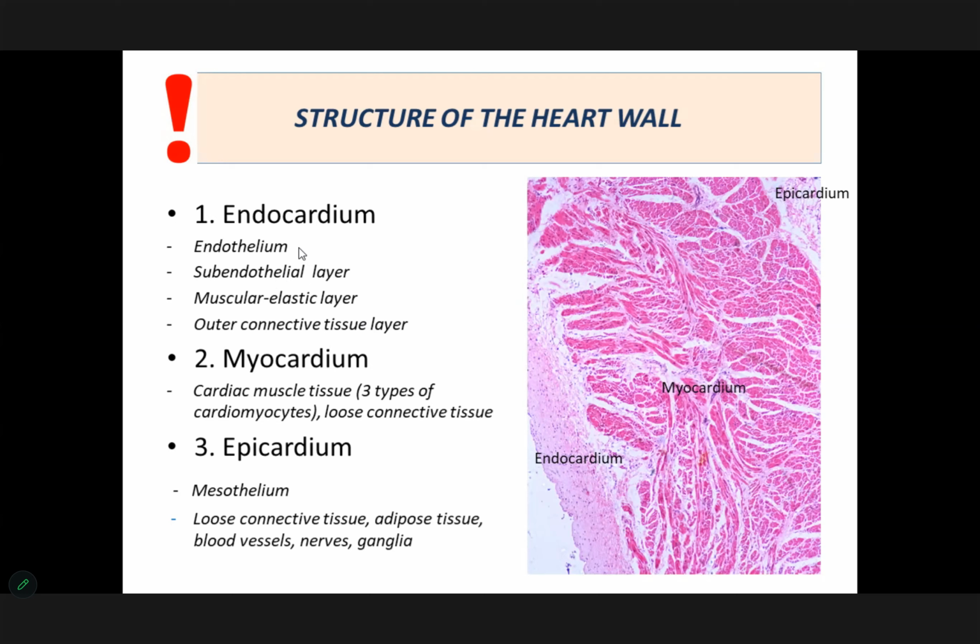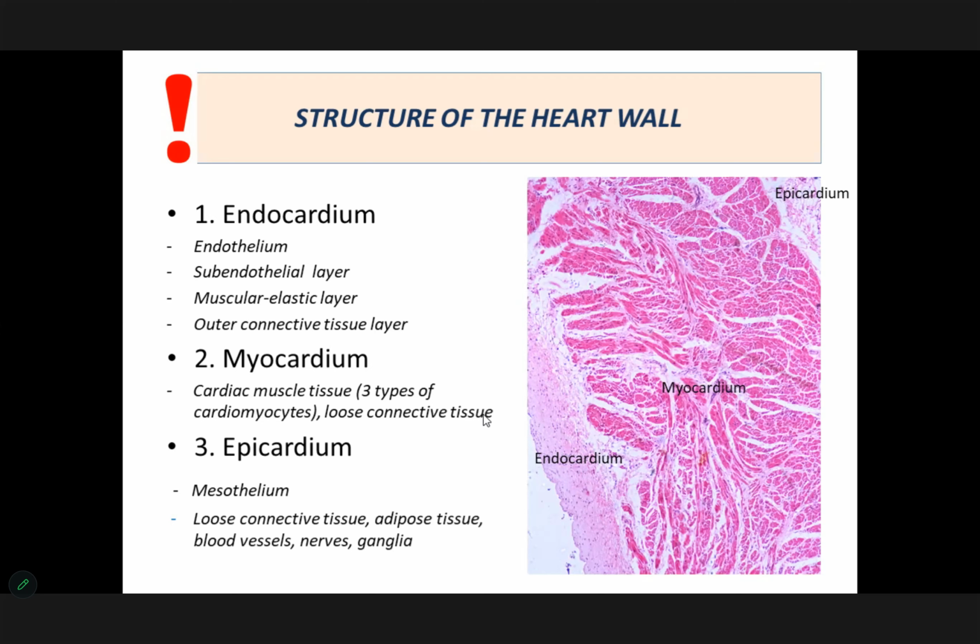Endothelium is like in any other blood vessel, 1 layer of flat cells located upon the basement membrane. Subendothelial and outer connective tissue layers both consist of loose connective tissue. Muscular elastic layer includes some smooth muscle cells, but their amount is very small. They are almost not seen. They should be located somewhere in this area. So endocardium mostly consists of loose connective tissue.